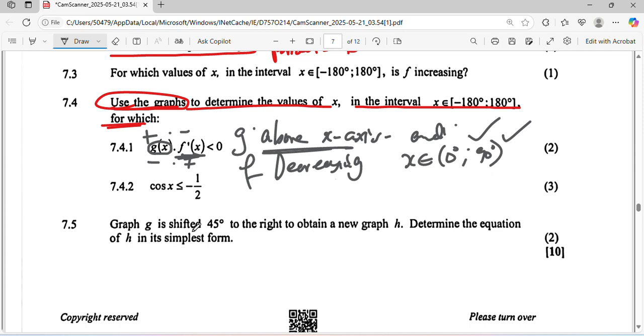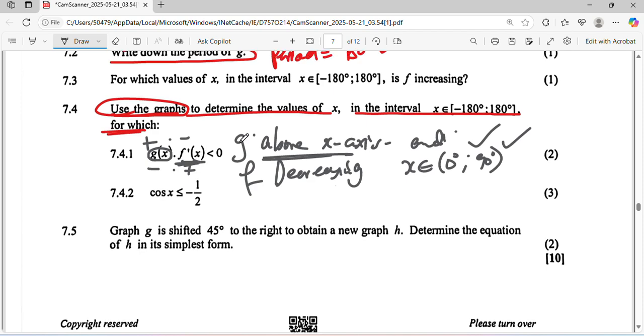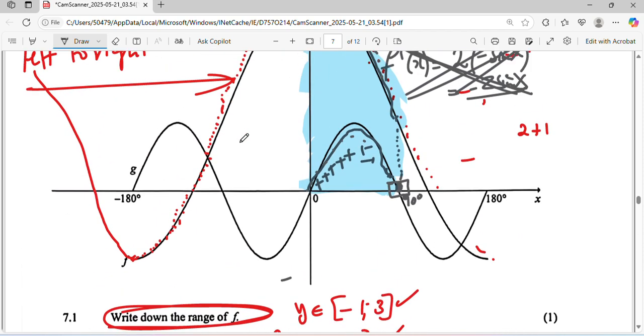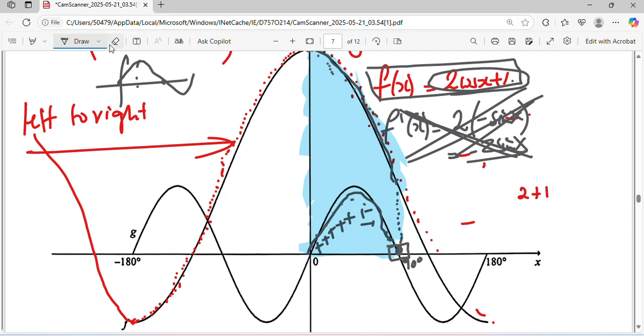Let's see. Is there a scenario where g is below and the other one is increasing? Yes, let's see here.